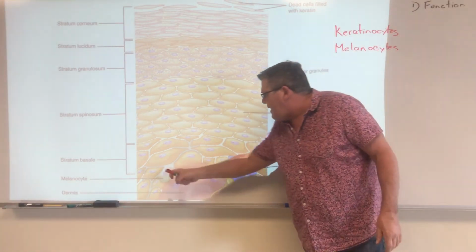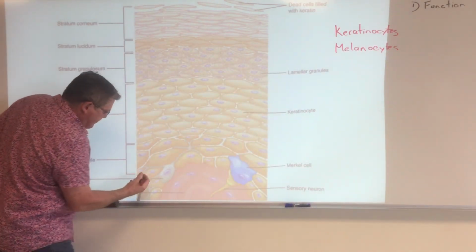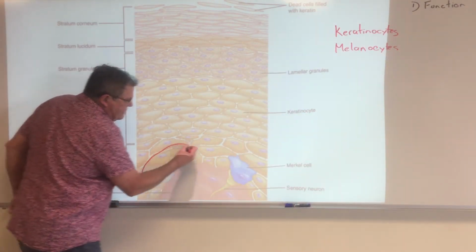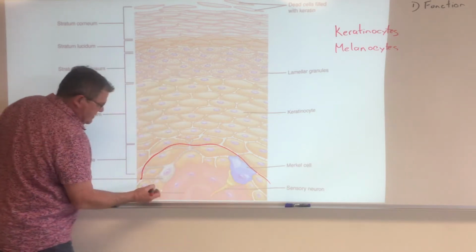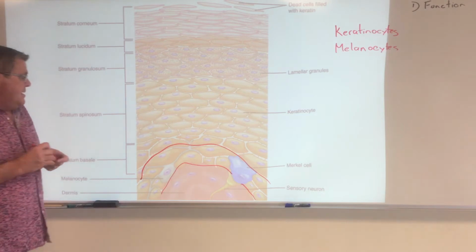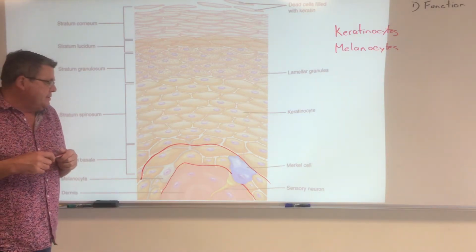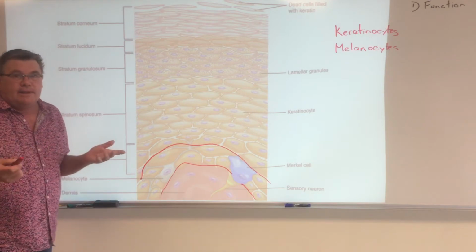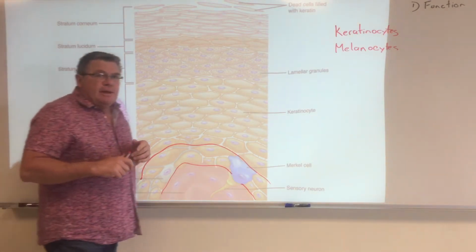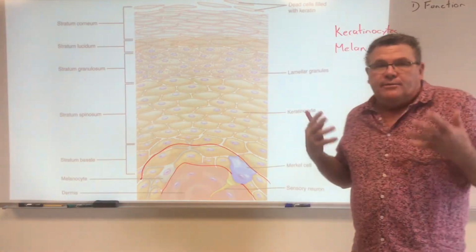Melanocytes, we're going to have some of these down here in this basal layer, which we can think of as essentially just down here. Now the melanocytes, those are the ones that are going to be producing a lot of melanin. Now I'll probably make a few mentions about melanin, about amounts of melanin, and I'll do it from my perspective.